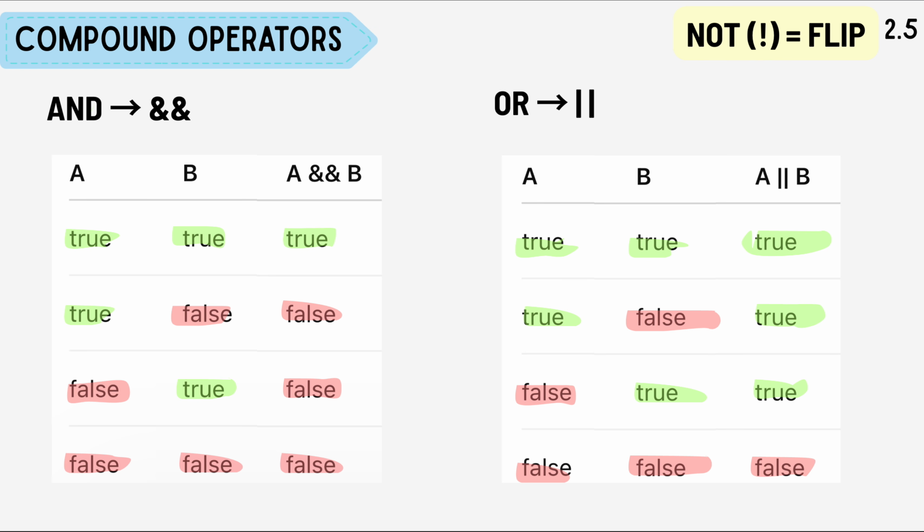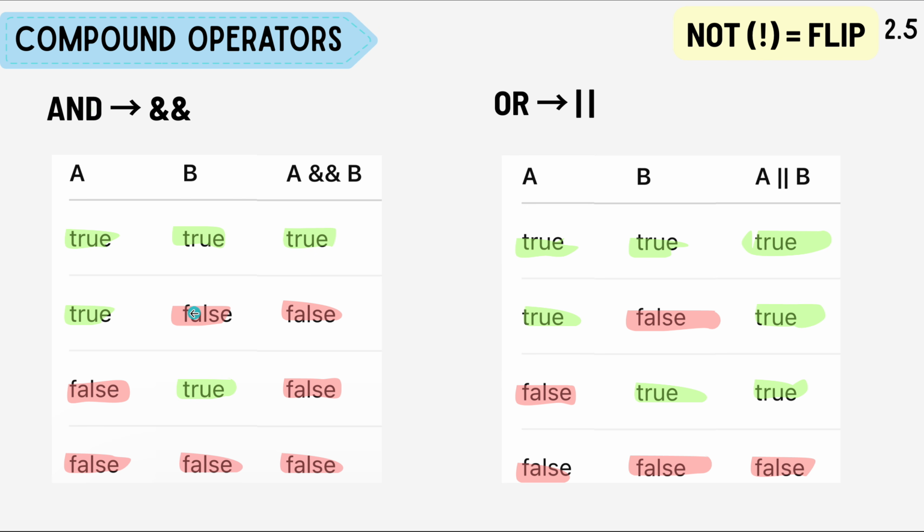Next are compound operators, and this is tested a lot on MCQs. These are easy points if you really know them. First of all, make sure you know that the exclamation mark means not in Java. So over here we have the and/or functions. If I have a and b as two variables, and I have true assigned for a and true assigned for b, then a and b is true.